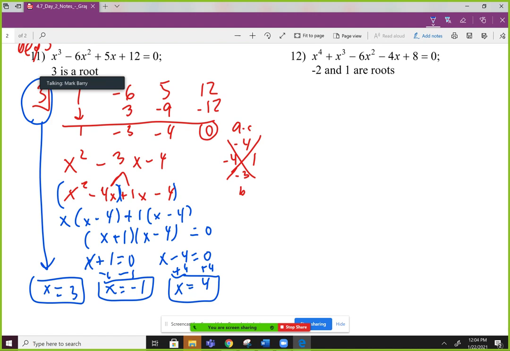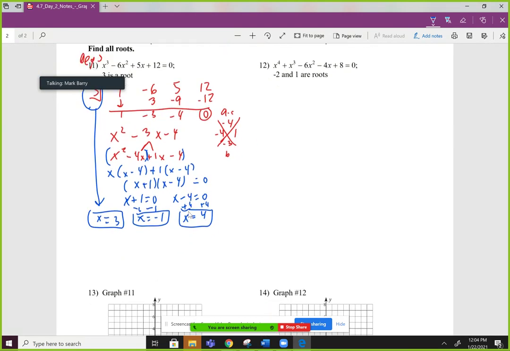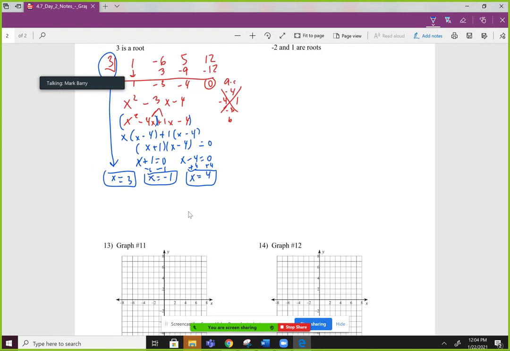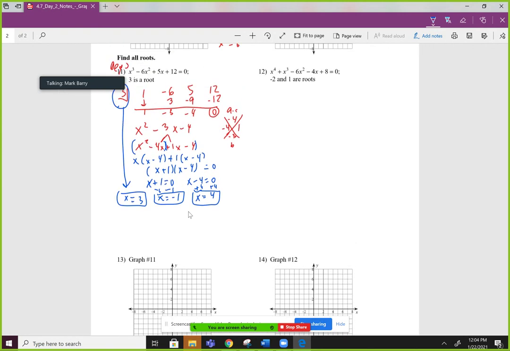Before we go on to number 12, I want you guys to check out number 13. So what does number 13 say? It says graph number 11. So we can actually take that information from number 11 and jump down here and graph it. Now, what's the degree on number 11?